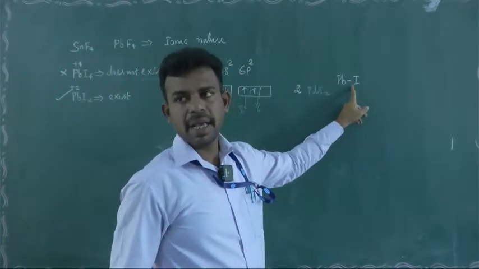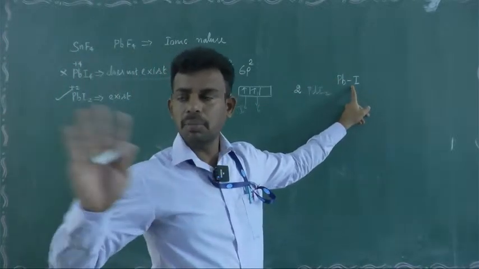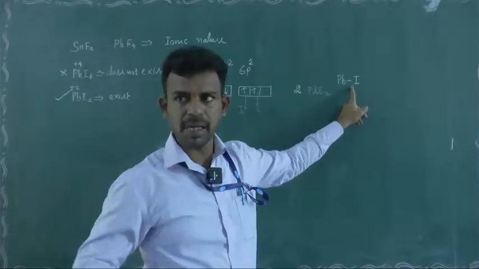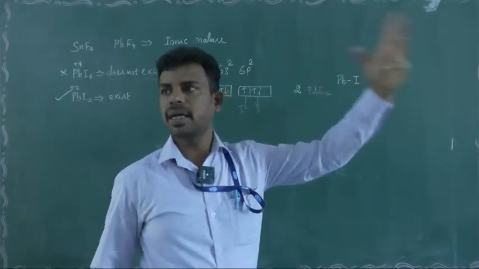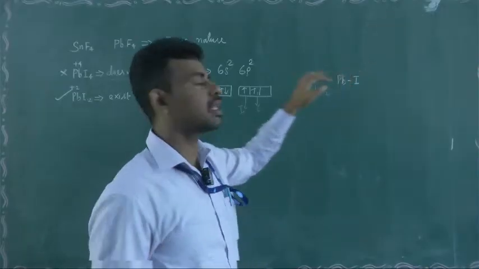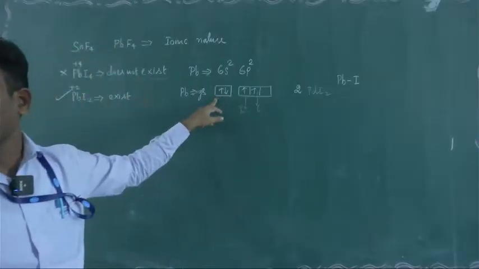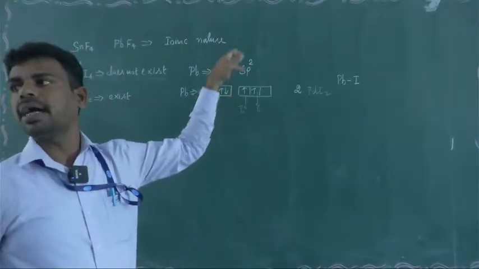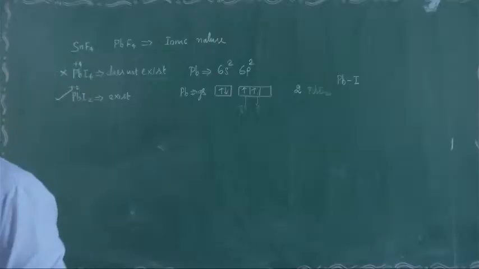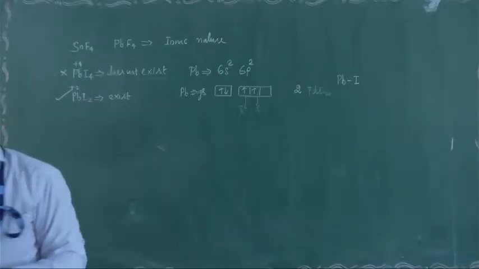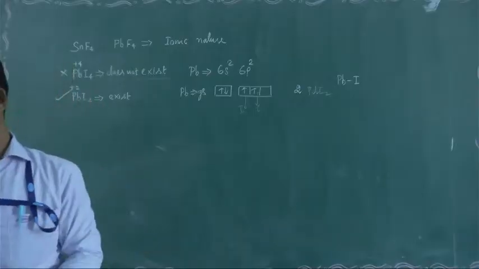Bond formation is an exothermic process, so heat or energy is liberated. That energy is not sufficient to unpair or break the 6s2 electrons. Is it clear?